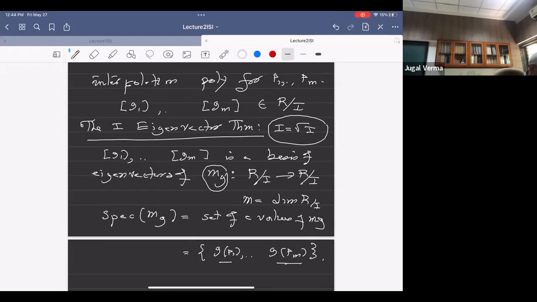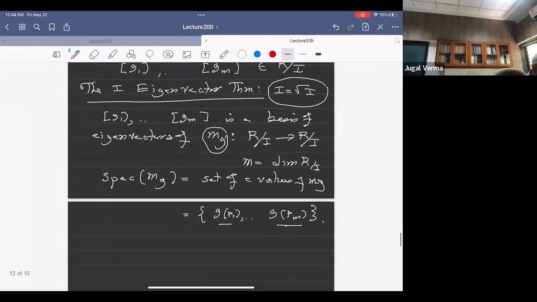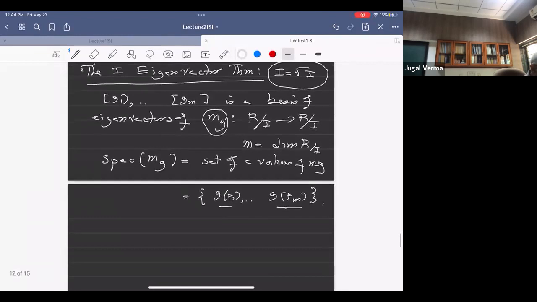This is the generalization of that result: the eigenvalues of any multiplication map Mg are precisely g evaluated at the solutions. You can say we don't know the solutions, so what is the use of this? Well, without knowing the solutions, we can get some information about the solutions.